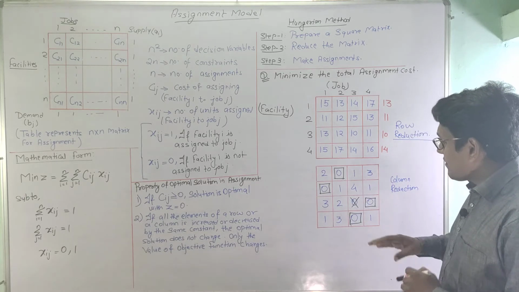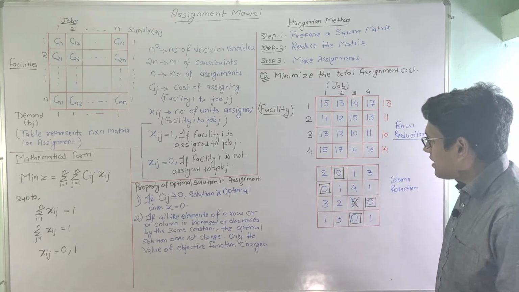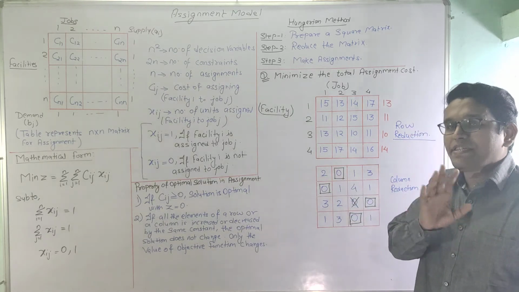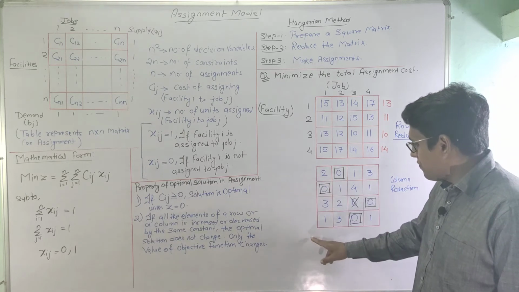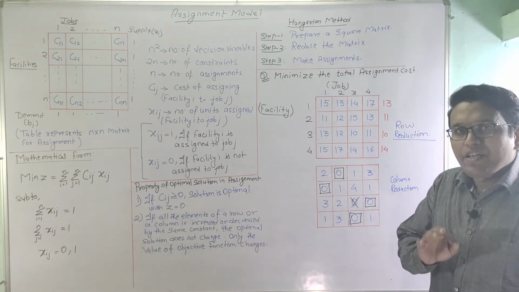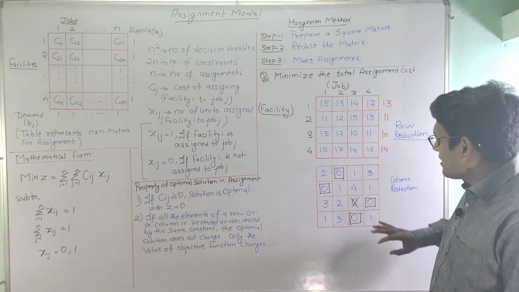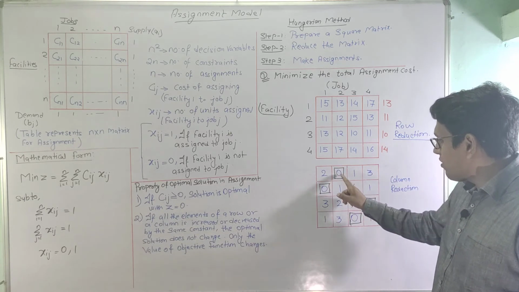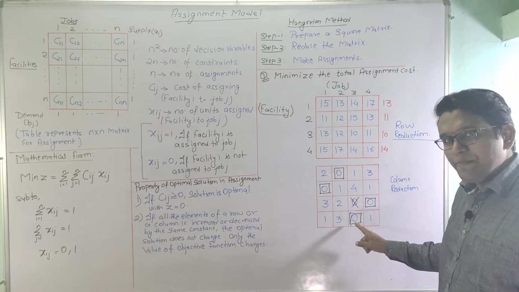And now after completing our assignment, if the number of assignments is equal to the order of the matrix, that means it is a 4 cross 4 matrix, so if we have 4 assignments, then our solution is optimal. Here we can see that all 4 assignments can be made.